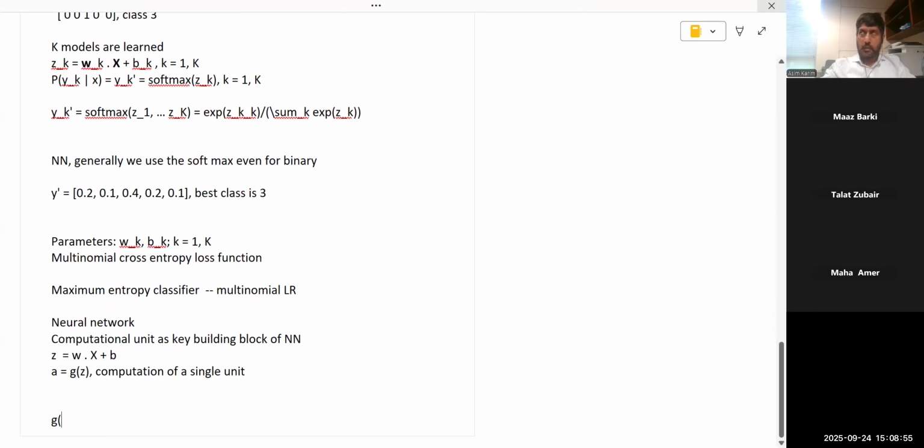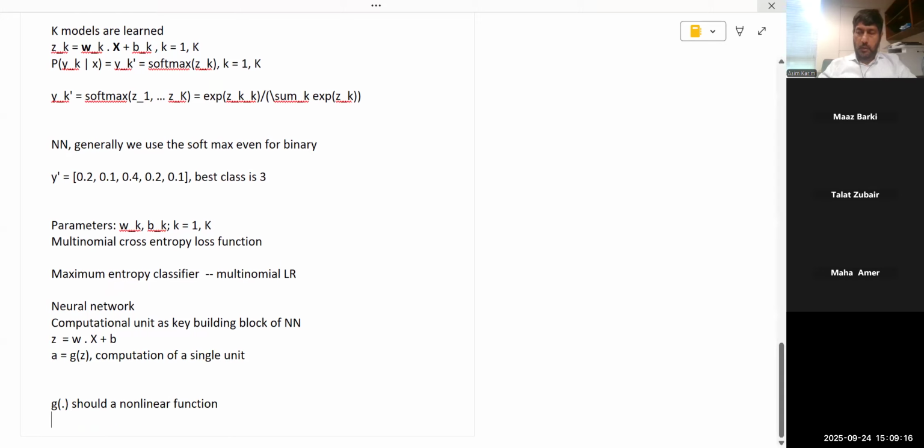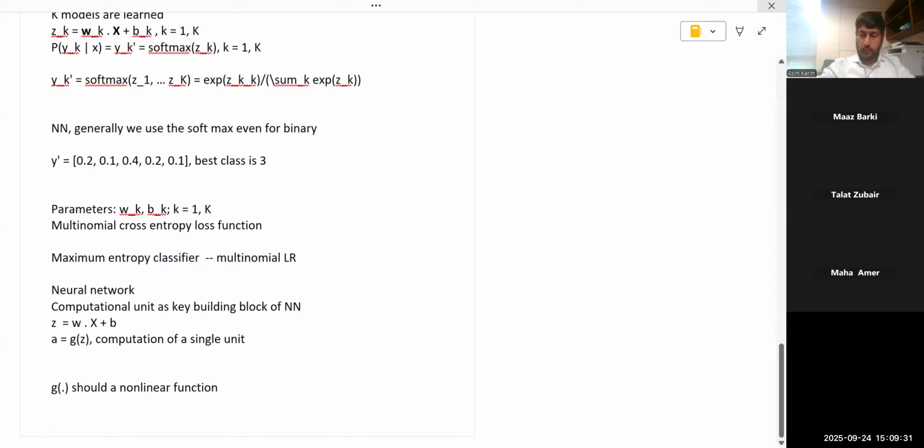But G should be a non-linear function. ठीक है? So this is essential for neural networks. And we have seen two functions already, softmax as well as sigmoid or logistic function. Both of them are nonlinear. And in this particular case, both of them are also continuously differentiable.